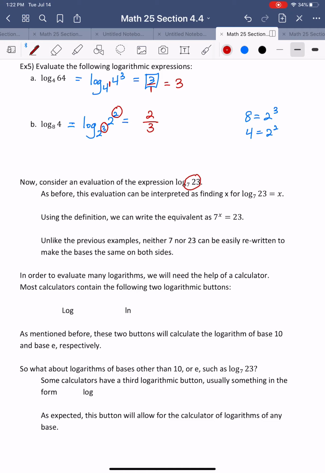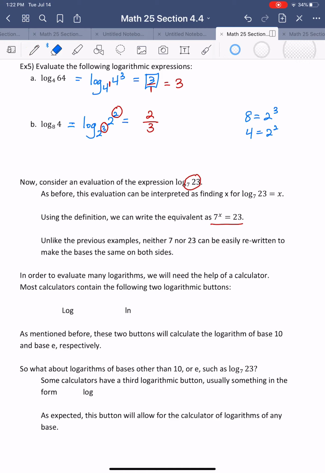And using the definition with the exponential form, this is going to be 7 to the x power equal to 23. But unlike the previous example, neither 7 nor 23 can be easily rewritten to make the base the same on both sides. If you can, let me know. In order to evaluate many logarithms, we will need the help of a calculator this time.